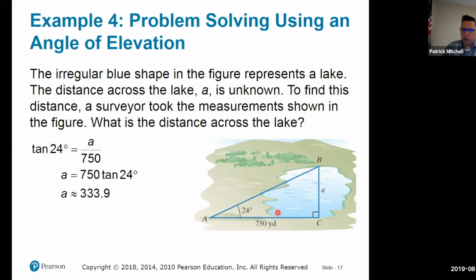So in this case, we're trying to find the opposite, and we're given the adjacent. So to tie opposite and adjacent together, you use tangent. Okay. The tangent is the opposite over the adjacent, so that'll be A divided by 750. And then to solve for A, of course, I am going to multiply both sides by 750.